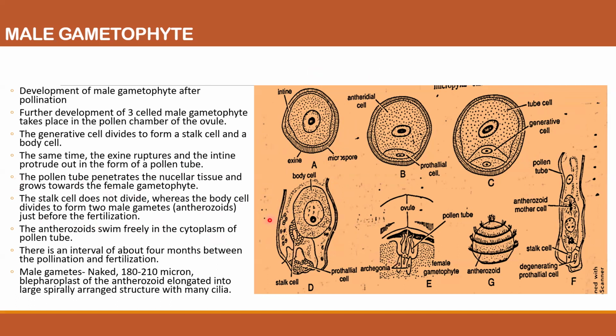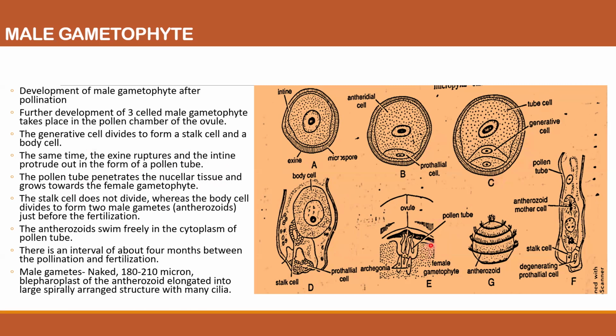The pollen tube penetrates the nucellar tissue and grows towards the female gametophyte. The stalk cell does not divide, but the body cell divides to form two male gametes, the antherozoids. Just before fertilization, the antherozoids swim freely in the cytoplasm of the pollen tube, and there is an interval of about 4 months between pollination and fertilization.